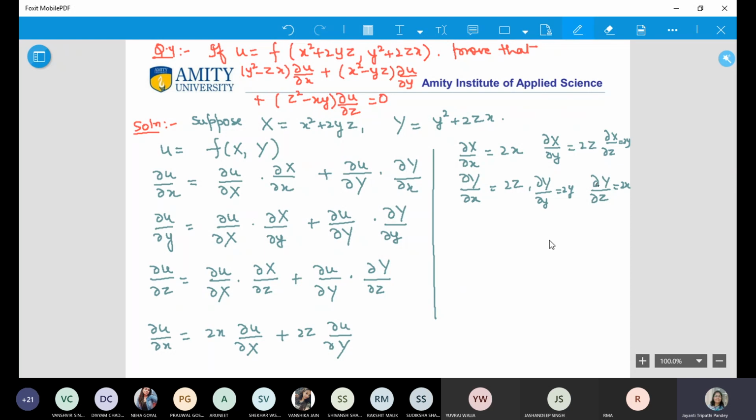It's a very symmetrical result. I hope you can correlate. It's a symmetrical kind of result. Like in this, we will get del u by del y is equal to 2z plus 2y.